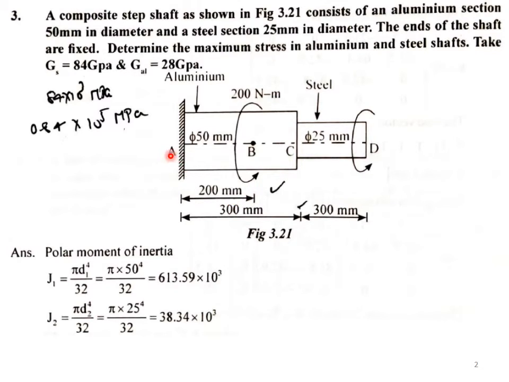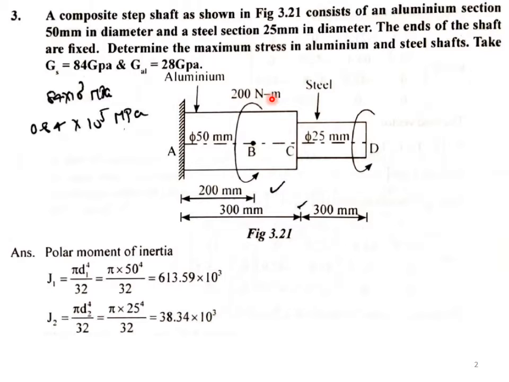Now you can see 4 points here, point A, point B, point C and point D, meaning there are 4 nodes and the number of elements is 3: element 1, element 2 and element 3. Element 1 and element 2 are aluminum and element 3 is steel.